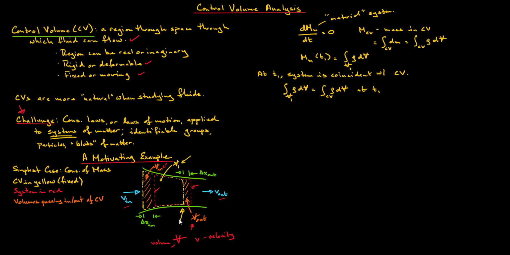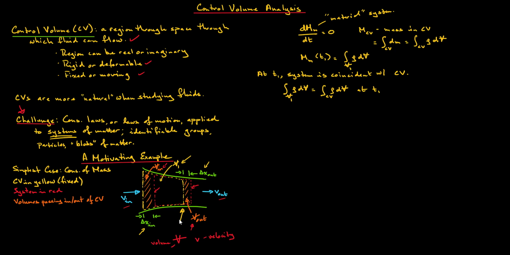Again, what we're showing in this schematic is that the system in red passes through the CV, and thus there is a change at time t2. Over a short period delta t, some of the mass has flowed to the right, and we can define this displacement as delta x in, and some out of the CV, which we define as delta x out.